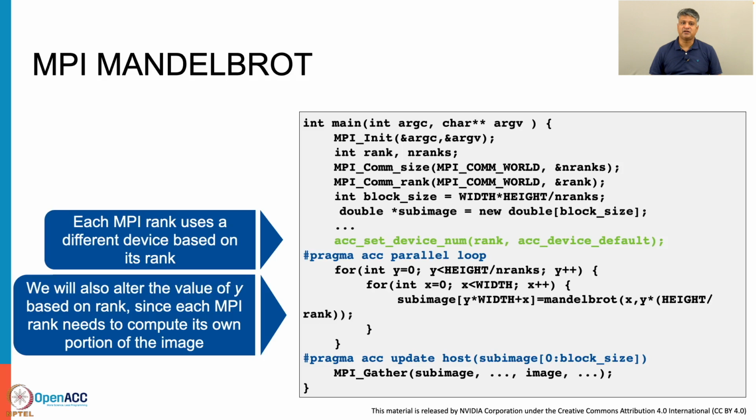Because each MPI rank uses a different device, it is based on its rank number. We will also alter the value of y based on rank since each MPI rank needs to only compute its own portion of the image. And that's where you do it in this subimage bit of code.